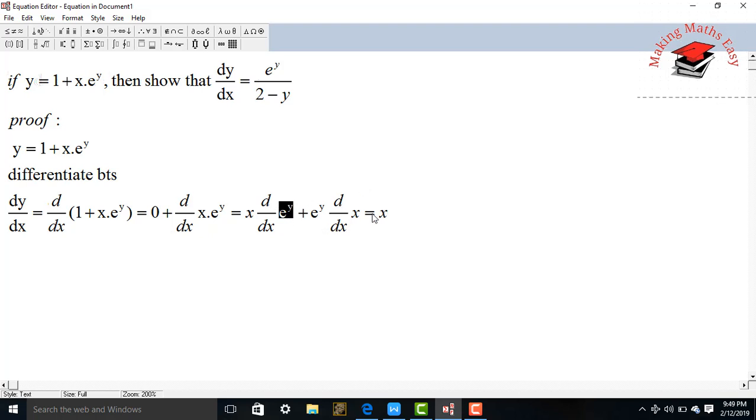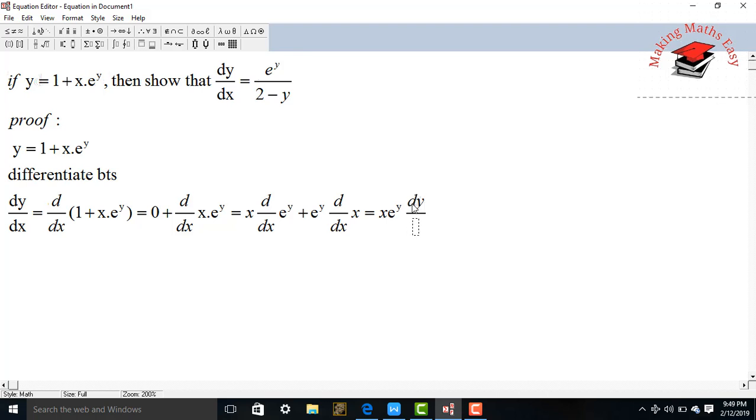As I told you, whenever there is a y function in the equation, and we are taking the derivative with respect to x, as x is the implicit function of y and y is the implicit function of x, we need to put dy by dx in such cases. So put x e raised to y, as the derivative of e raised to y is e raised to y only, and the derivative of y with respect to x will be dy by dx.